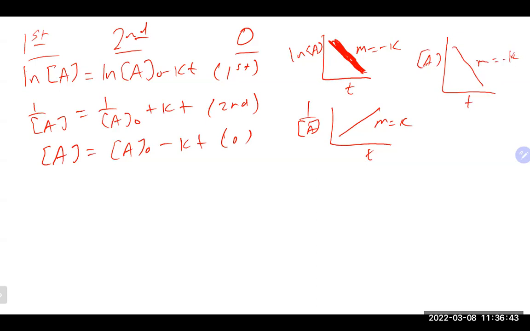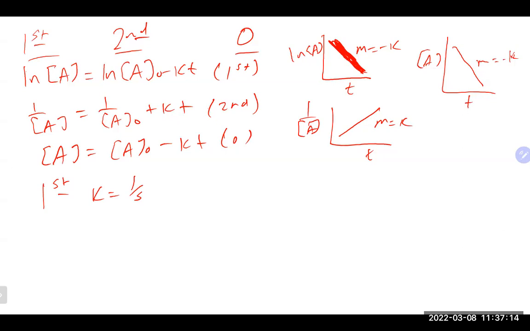We also talked about the important units of the rate constant for each of these. They help you understand which formulas you should be using. Typically, for first order, the units of k are 1 over seconds. It doesn't have to be seconds, but like what we did today, we recorded our reaction in seconds.